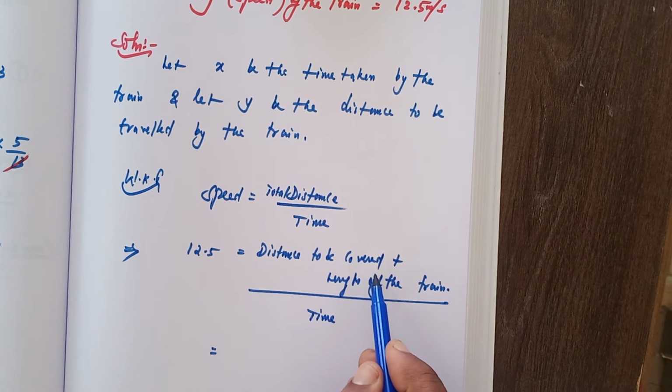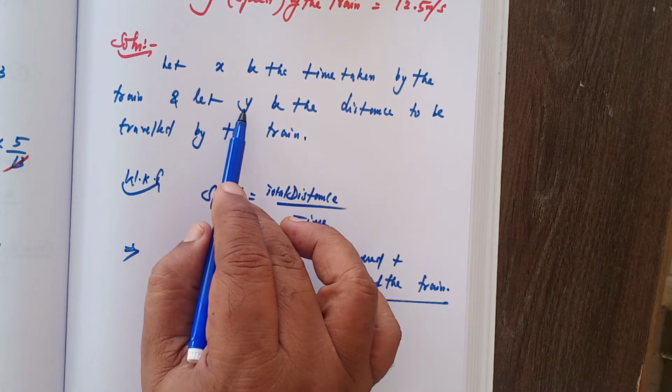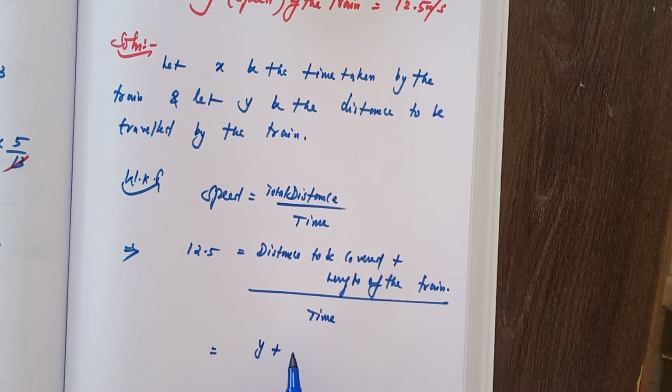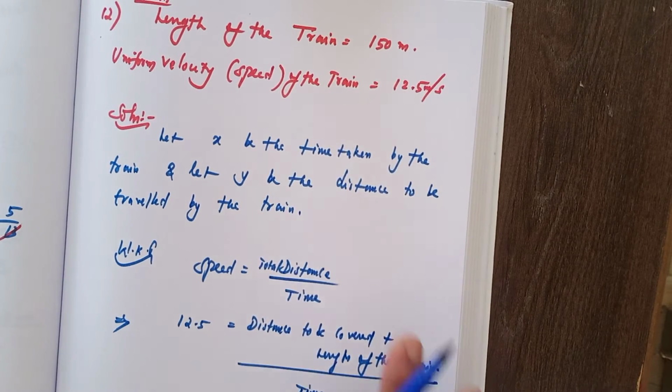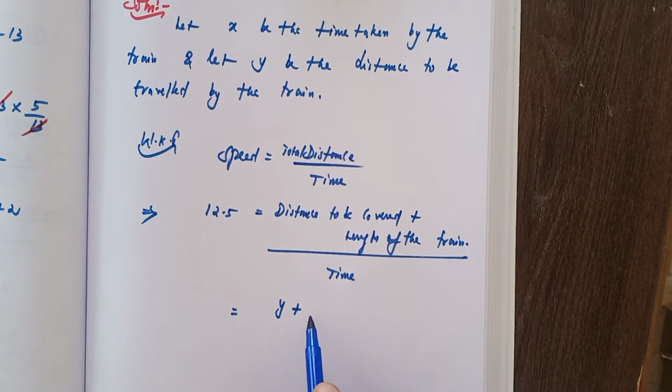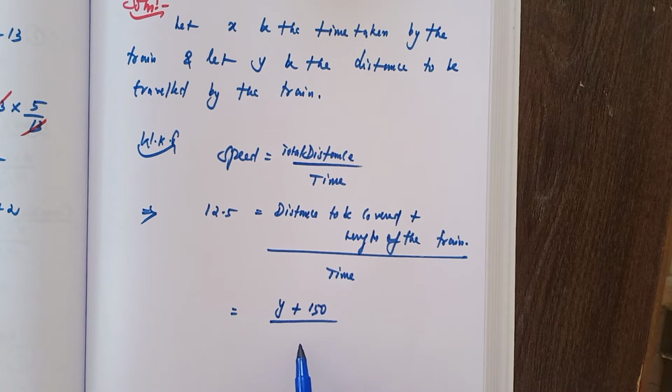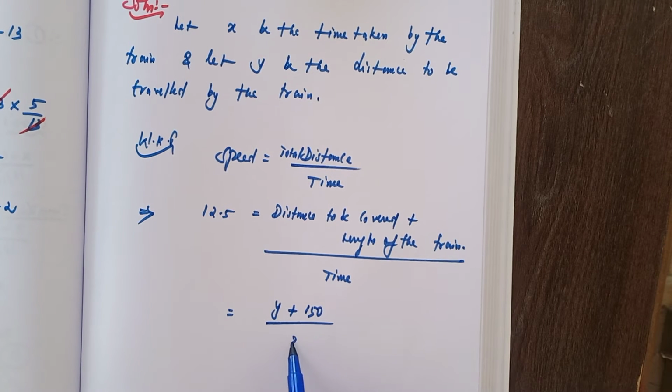The distance to be covered, what I have taken, that is y. Length of the train, that is equal to 150 meters, that is given in the question, divided by time we have considered as x.